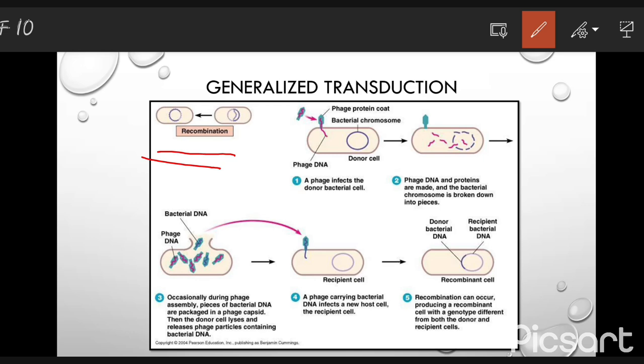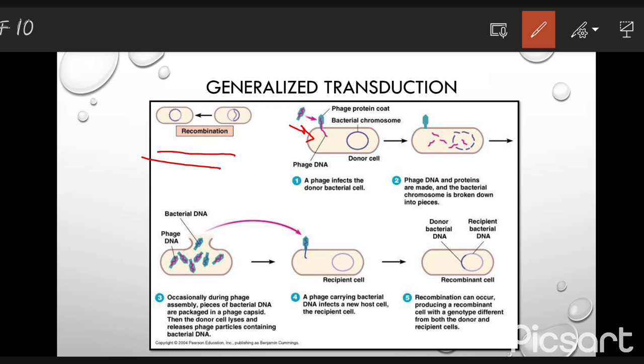In the first step, the phage infects the donor bacterial cell. The phage first of all attaches to the bacterial cell. That is the attachment process. The bacteriophage gets attached to the bacterial cell, then phage DNA and proteins are made and the bacterial chromosome is broken down into pieces.